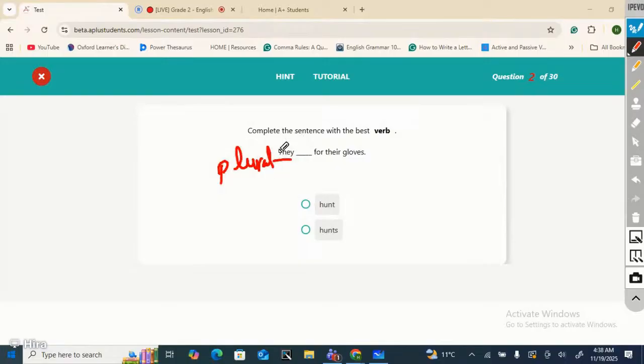It names more than one person. Now, the verb should also be plural, and a plural verb does not end in s or es. So, which does not end in s or es? Hunt. They hunt for their gloves.